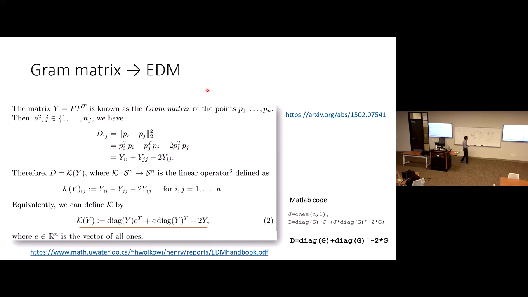But in general, we believe the gram matrix is easy to compute, and when you need a distance matrix, you convert to it. This formula may not make sense yet, but we can try it on the computer on Thursday and see how they are interrelated.